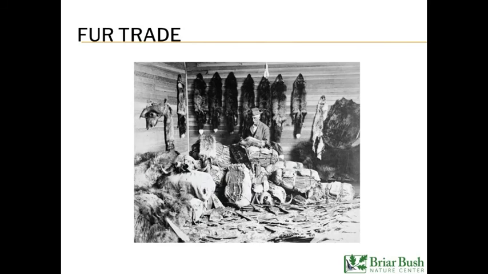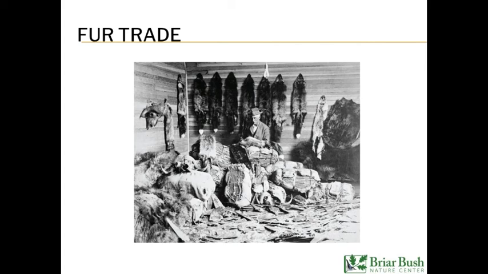So this is a picture of what the fur trade was like. Up until the 1930s, beavers were extensively trapped for their fur. Here's a picture of a fur trapper in his cabin, just covered with probably hundreds and hundreds of different pelts. I'm sure some of them are beavers.